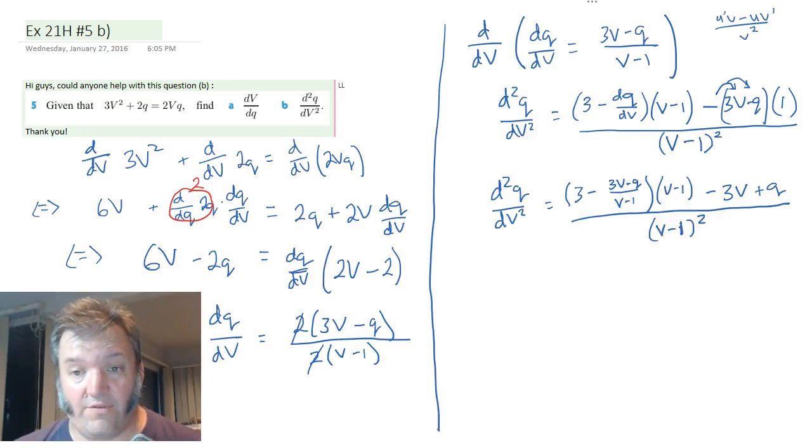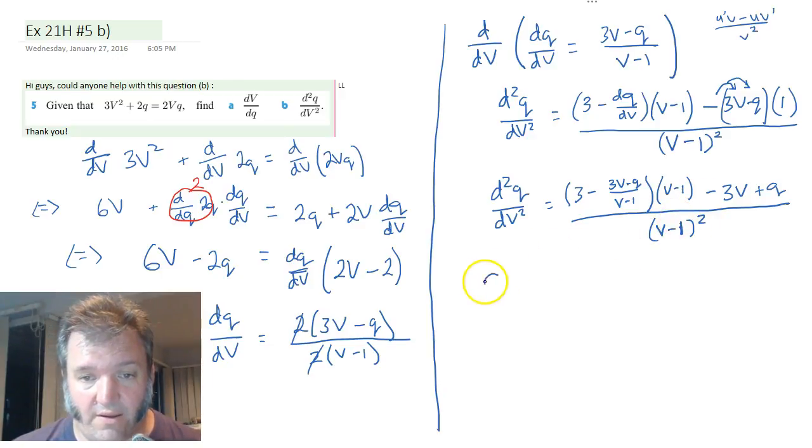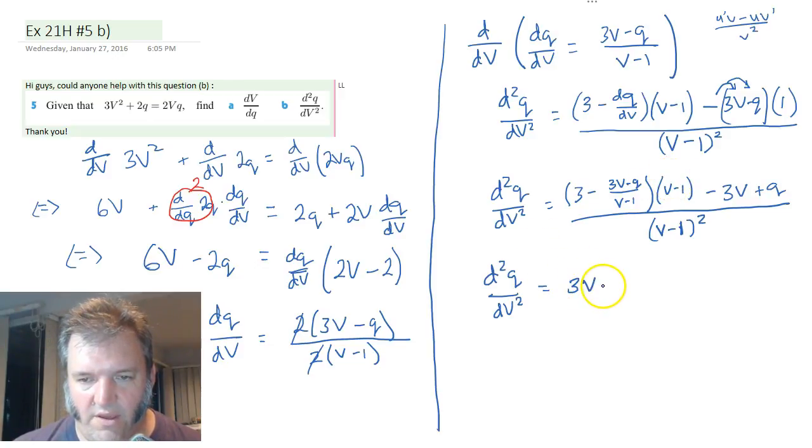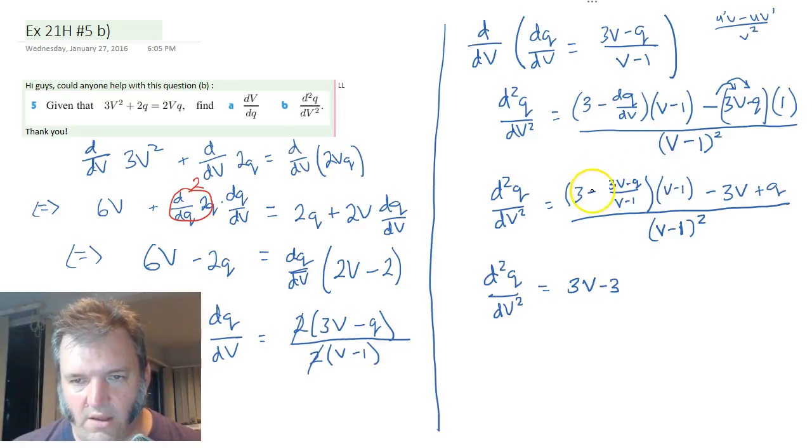Okay, we're nearly there. I've just got to expand this bracket, don't I? So keeping our left-hand side going, d squared q over dv squared. I'm going to have 3 multiplied by that v take 1, so that's 3v minus 3. And I've got my minus sign, so I'm going to put the minus sign down. And now you'll see, when I take this second term, the v minus 1 there is going to cancel with that v minus 1. So I'm just left with negative 3v take q.